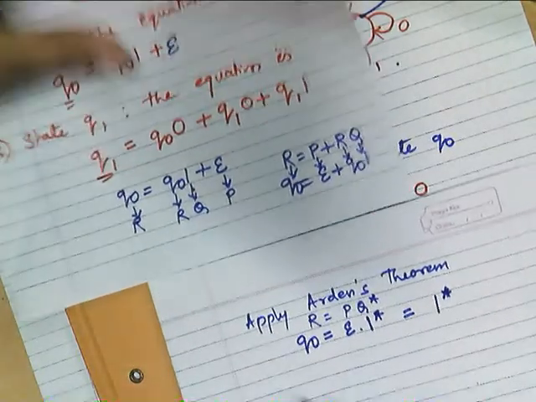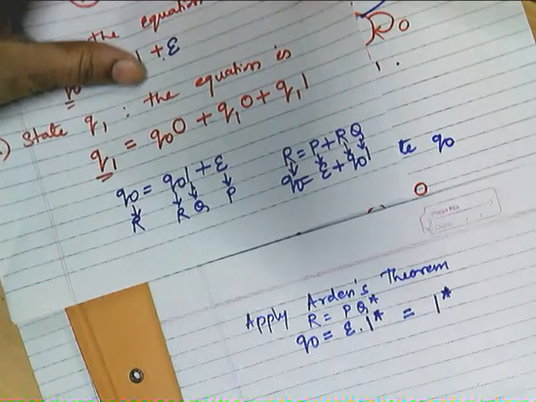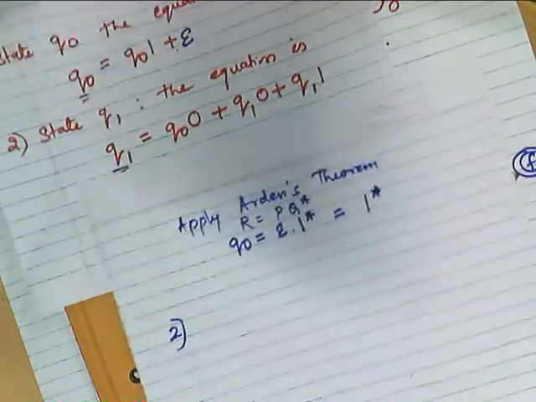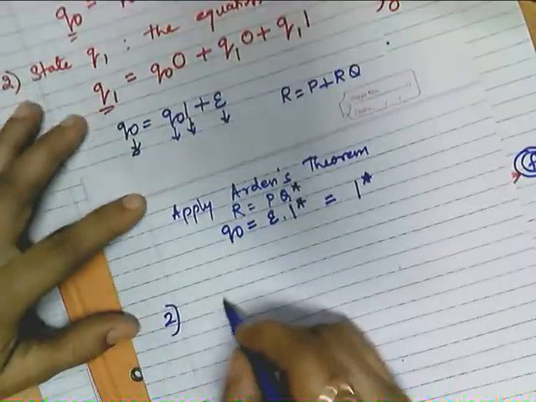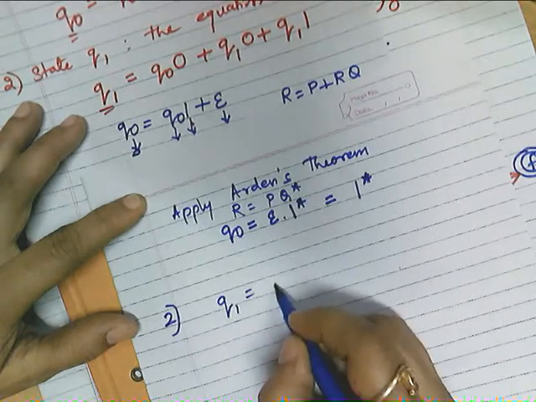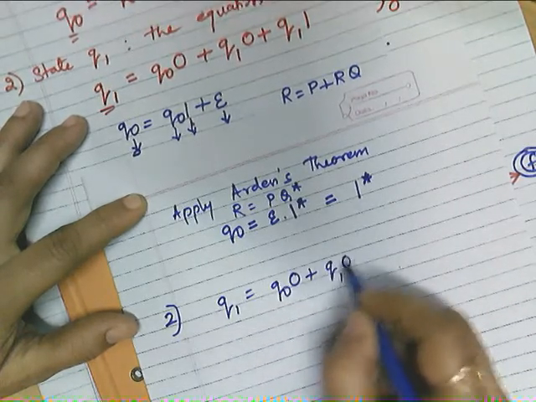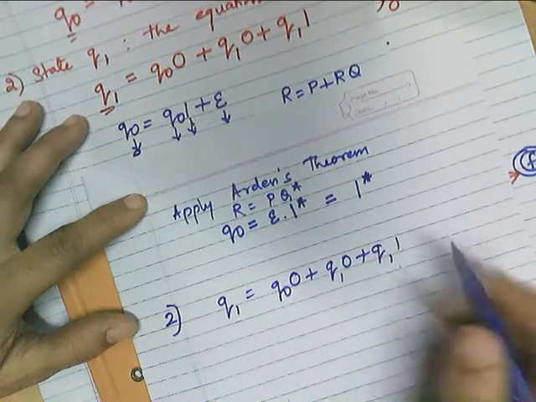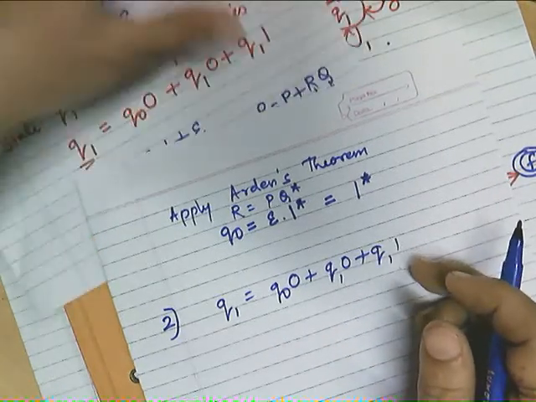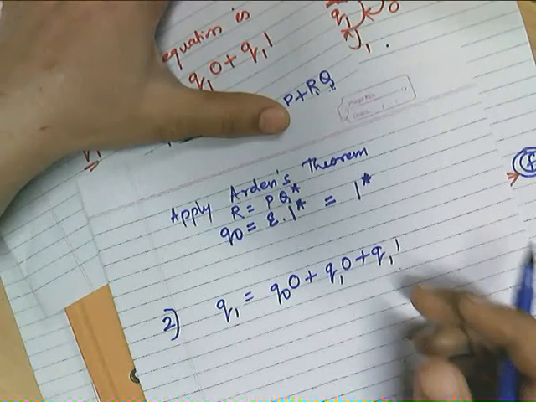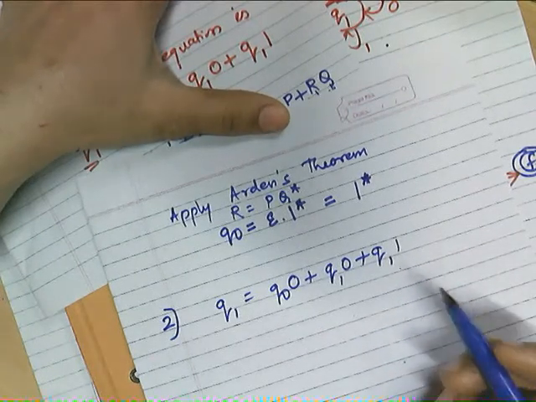Now we will take the second equation. The second equation is Q1 is equal to Q0 0 plus Q1 0 plus Q1 1. Can we simplify this equation? Is it having the same type of form?